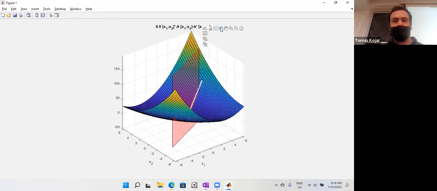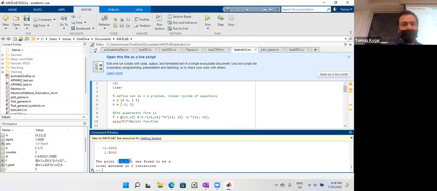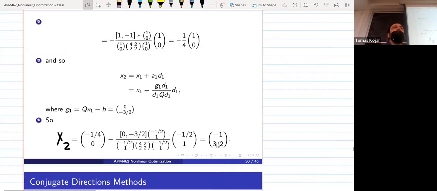The first step, I don't know if you can see it, is on the minus 140, and then you run it again and you get the minimizer. As you can see, MATLAB agrees: your minimizer is minus 1.5, which is what we got here. Okay, good.